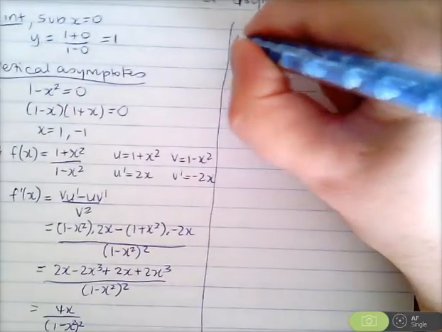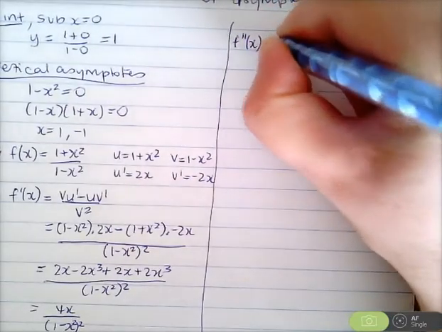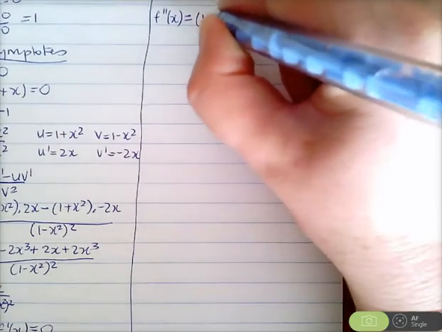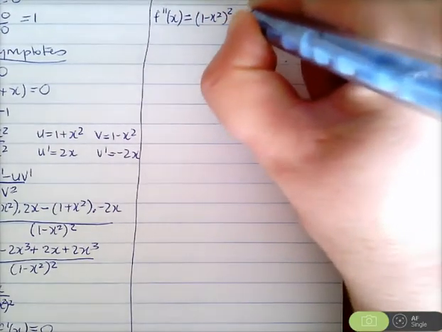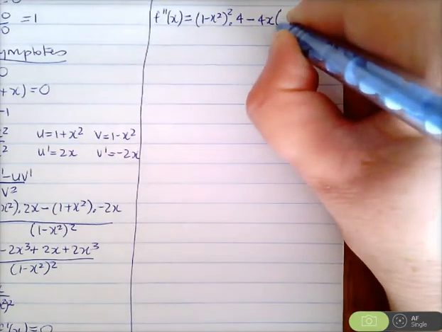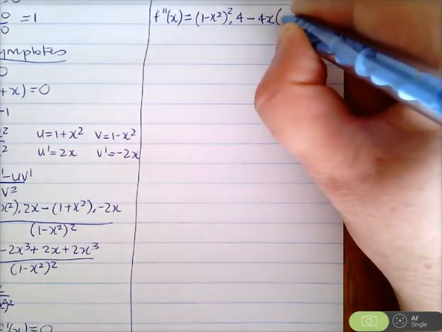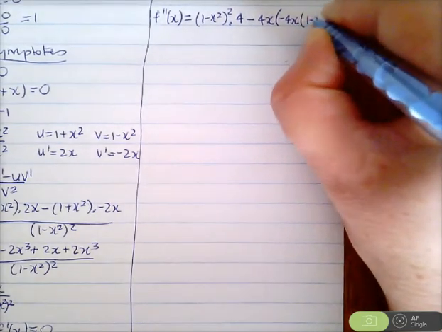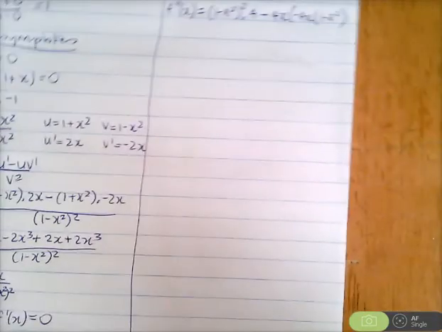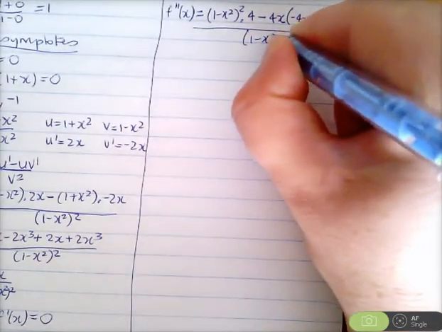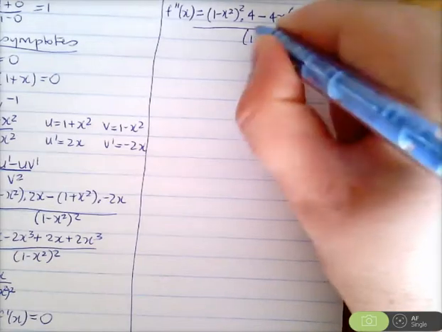V is (1 minus x squared) squared, u dash is 4, minus u is 4x, and v dash is minus 4x (1 minus x squared), over ((1 minus x squared) squared) squared.